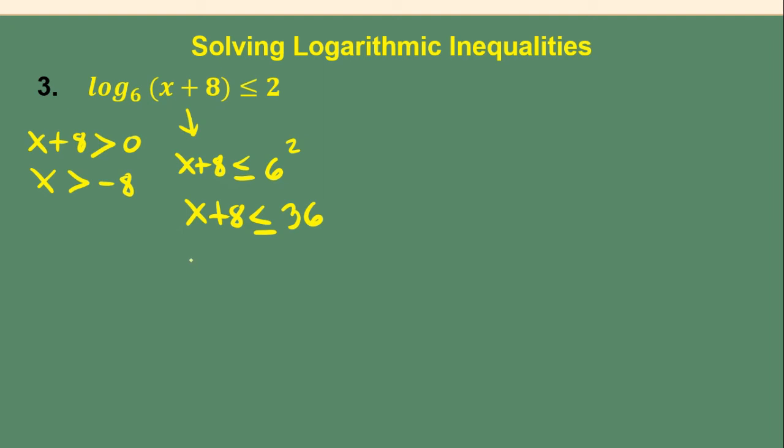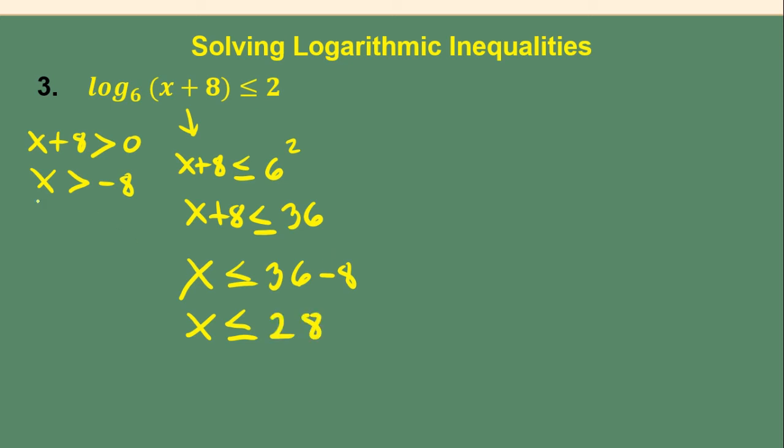So we have x is less than or equal to 36, and then move 8 to the right, we have negative 8. So x is less than or equal to 36 minus 8, which is 28.